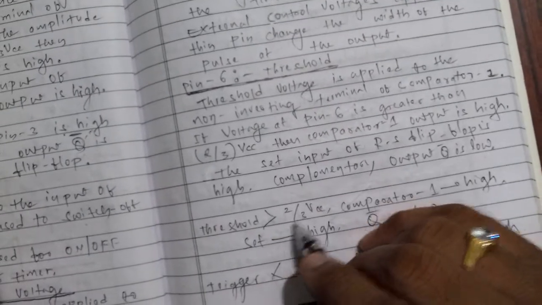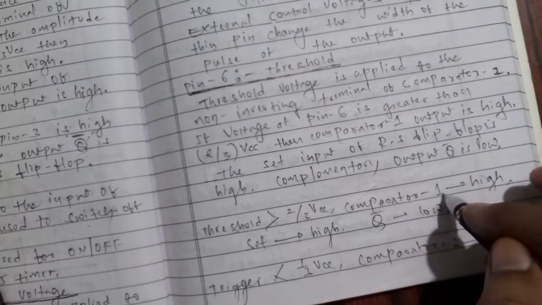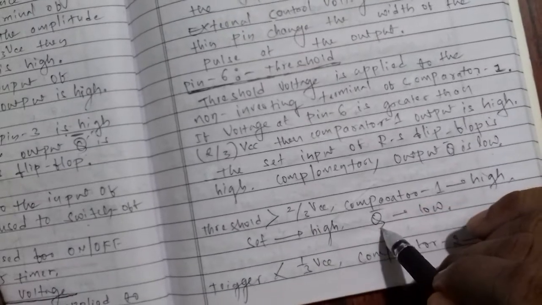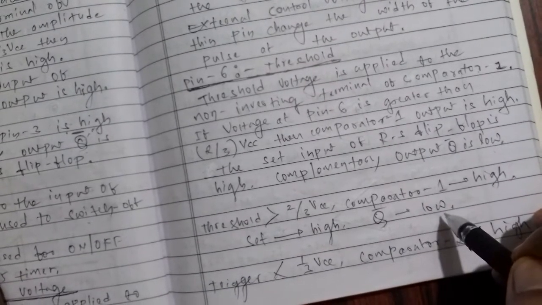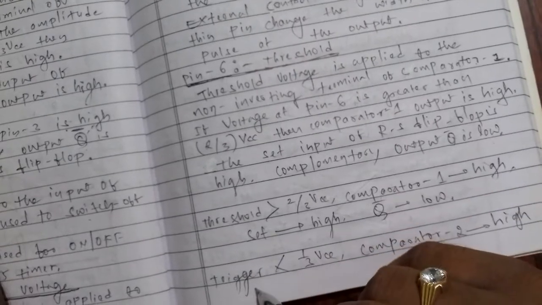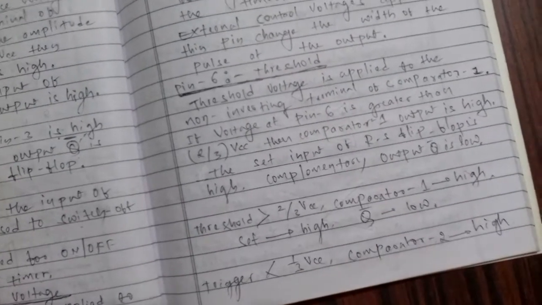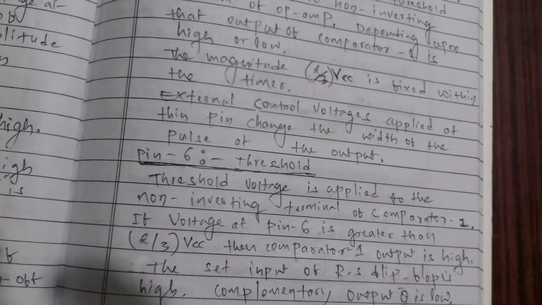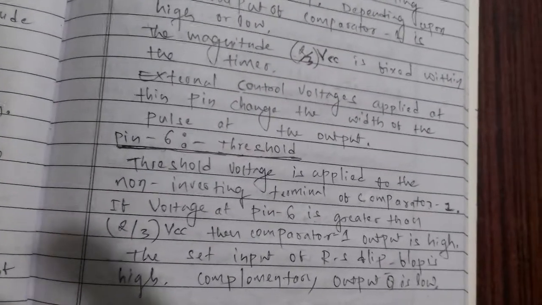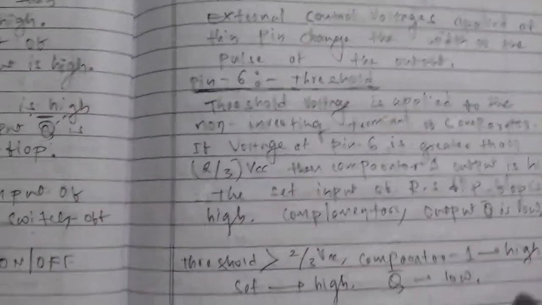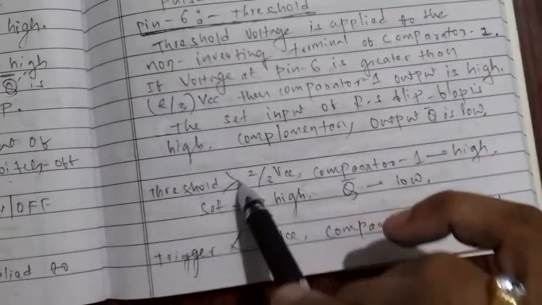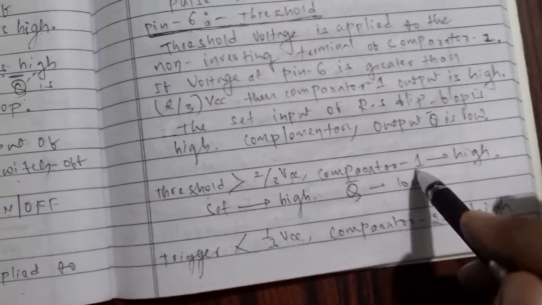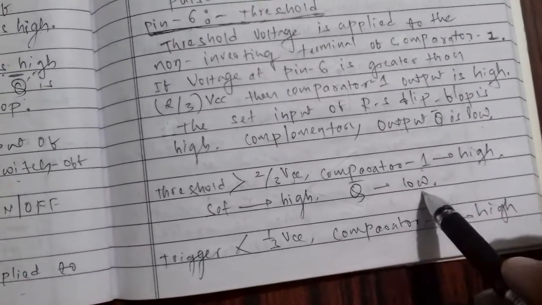Threshold greater than 2/3 VCC, comparator 1 output is high, set is high, Q bar is low.